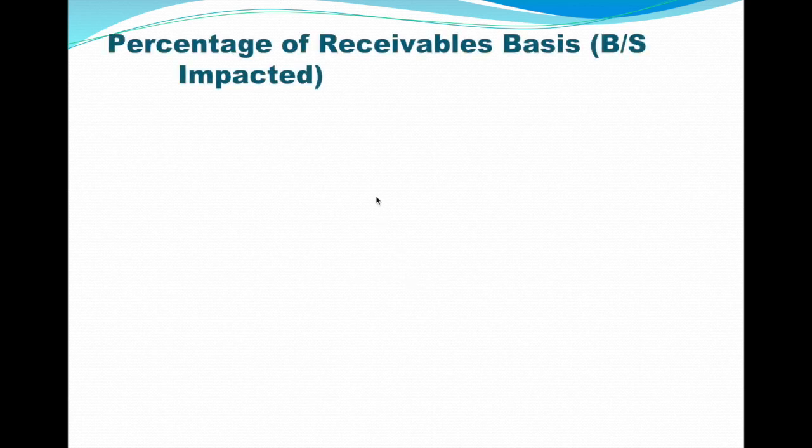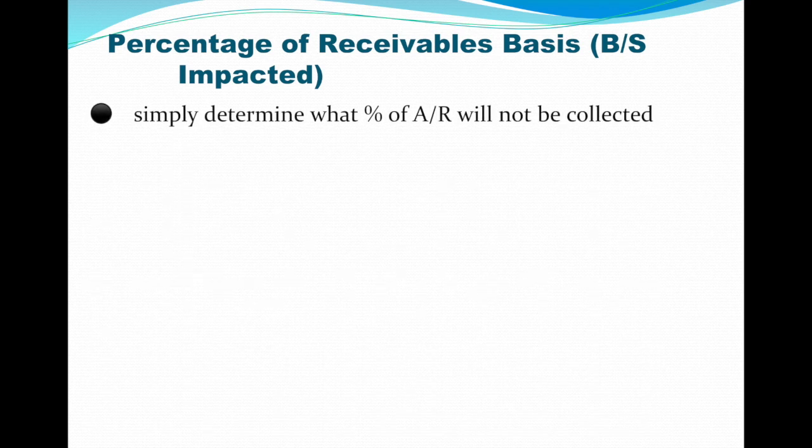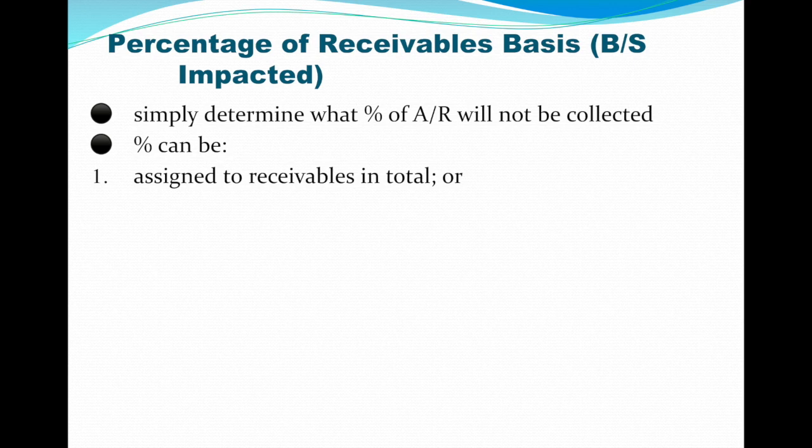Okay, so this is the more complicated one, but it's also the more accurate one, and therefore it's the one that's more often used, and this is the percentage of receivables. So we start off in the same way. The trick here is sometimes when you're given a set of events that you have to journalize, things will happen to accounts receivable.